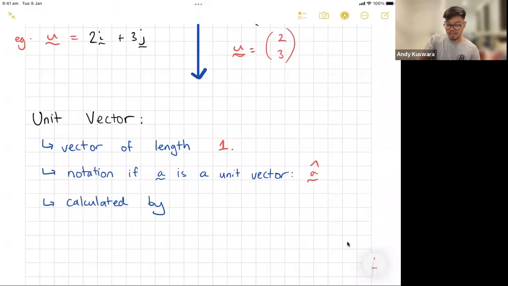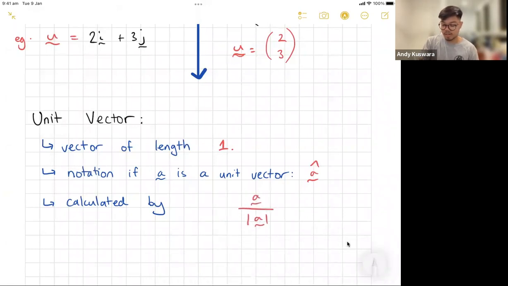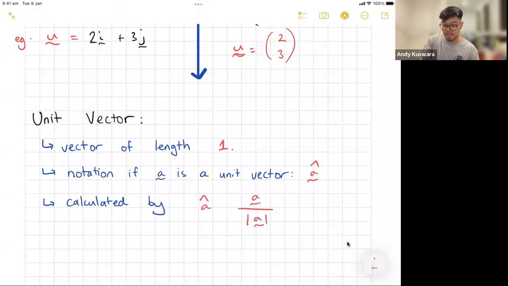The way that we calculate it is it's just going to be the vector divided by the length of itself, which makes sense. So if I was to write the whole thing out, the unit vector, which is denoted with that little hat, is given by the vector divided by the length of itself. Okay, kind of makes sense.